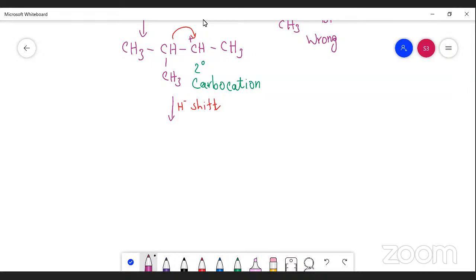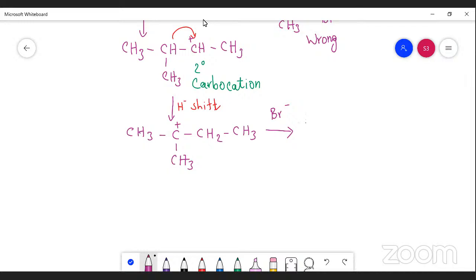So what is that? That is CH3, bond C plus, and here CH3, CH2, and CH3. Further it reacts with Br minus, and we are getting the major product.